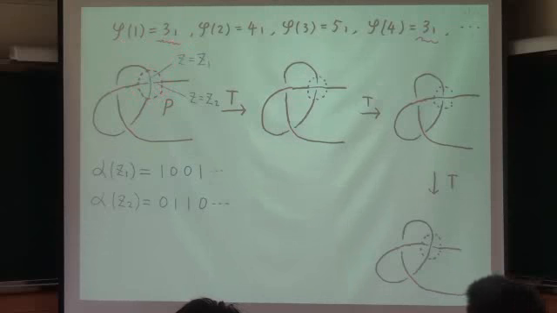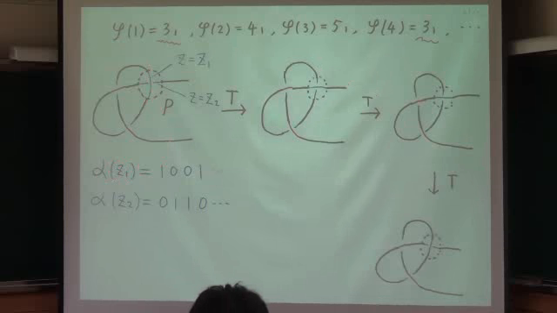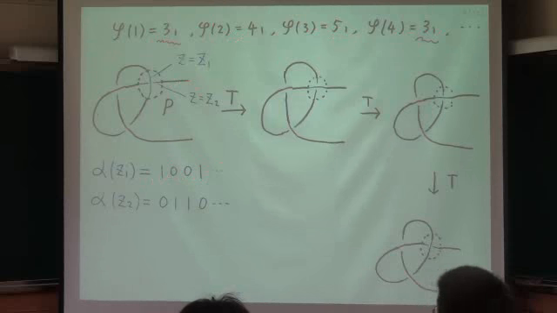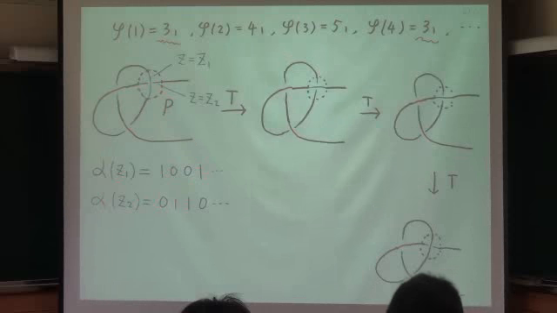If the sequence is first toroid, then another knot, and toroid again, then corresponding to this we take this z1 level, the corresponding infinite sequence of 1 and 0 to be 1, 0, 0, 1. So 1 means toroid and 0 means no toroid, 1, 0, 0, 1, and the under arc is to be the complementary one, so 0, 1, 1, 0.